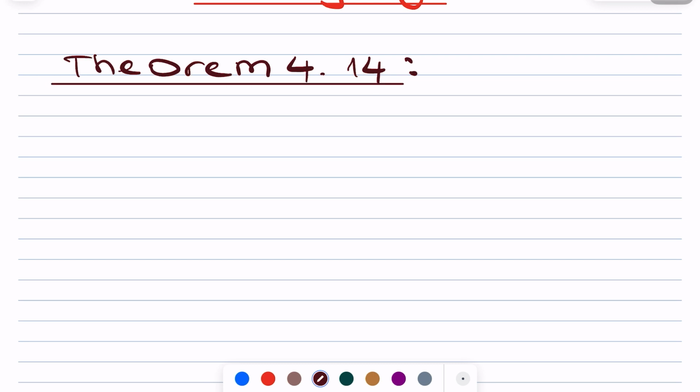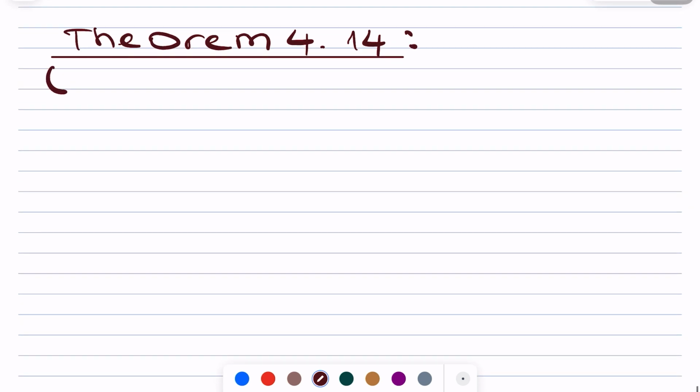We start with Theorem 4.14, I think. This is the Riesz Representation Theorem, but for the case p equal 1. Let me rewrite it again. Riesz Representation Theorem.